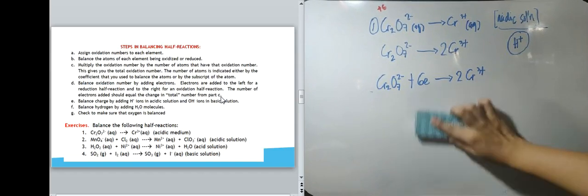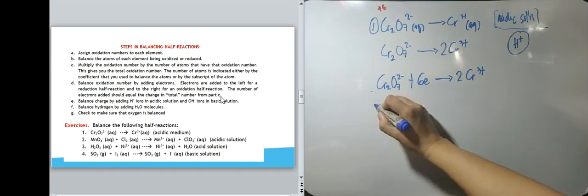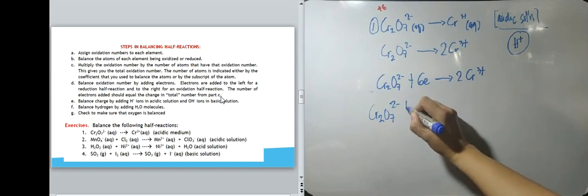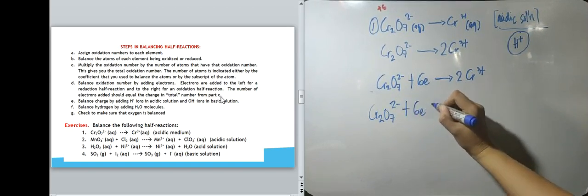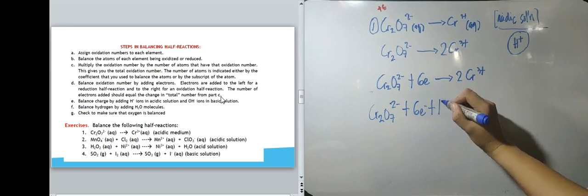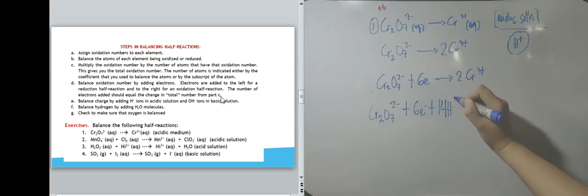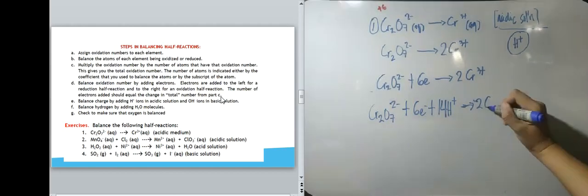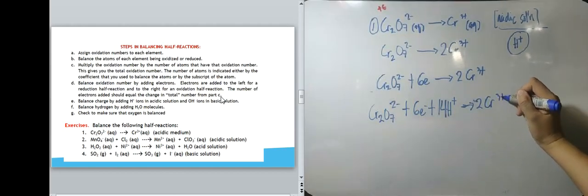Okay. So, Cr2O7 2 negative plus 6 electrons plus 14H plus to 2Cr3 positive. Again, we'll try to check.